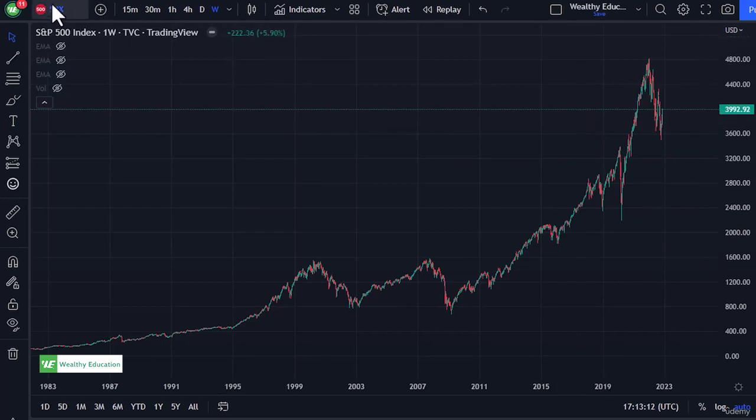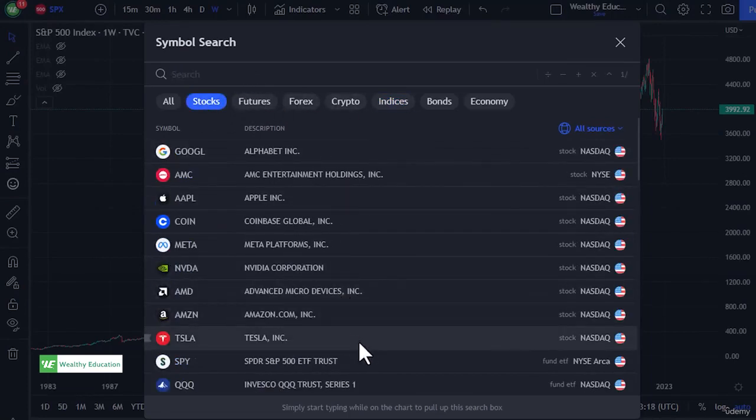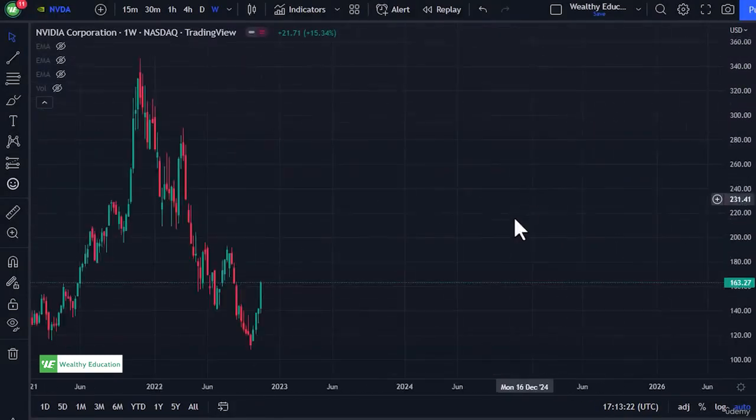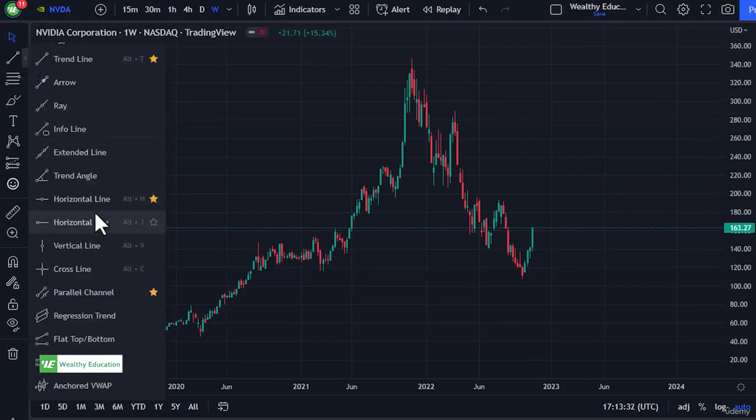So knowing this, if we decide to trade a stock, I'll pull up Nvidia here. You can look for different ways to take your profit or place your stop loss.